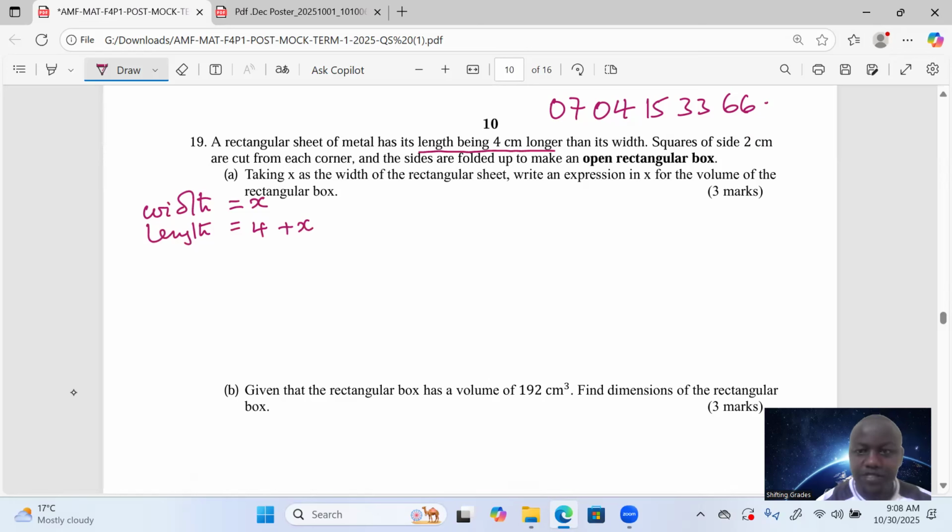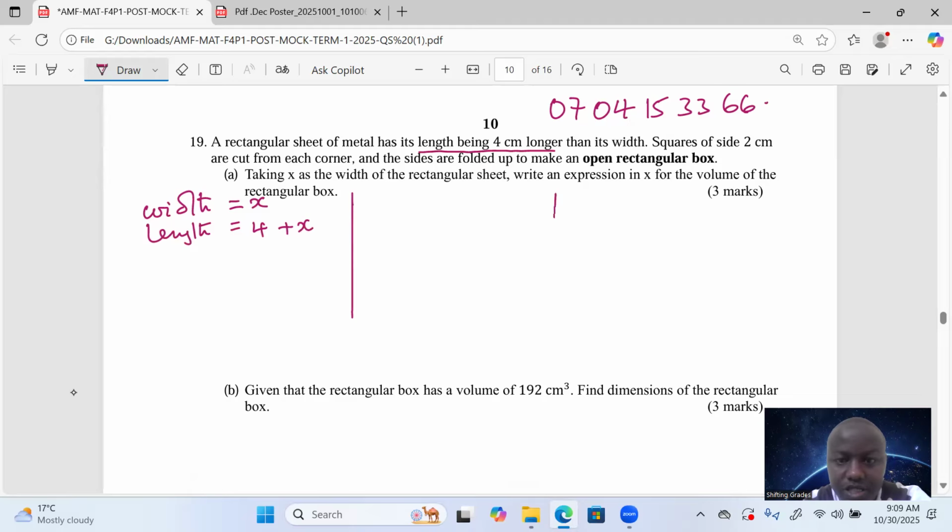Then squares of side 2 centimeters are cut from each corner. So when you cut from each corner, you should be talking about a new length and new width. I'm going to use a diagram so that you may understand what we mean by cutting from each corner.